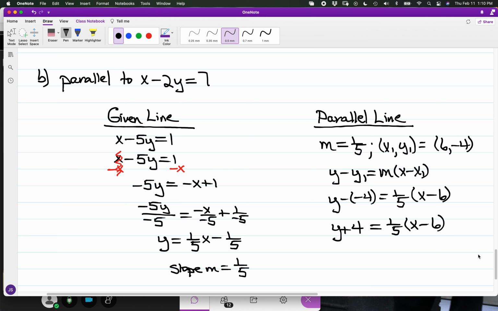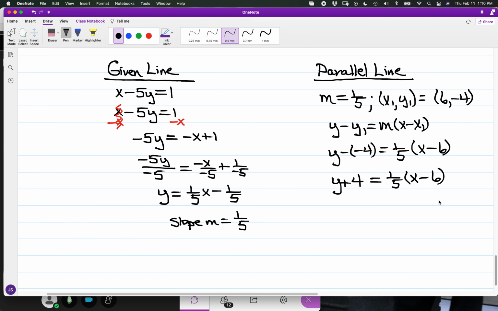So this stage will be the point-slope equation. Now for the slope-intercept, if I go ahead and distribute, we got y plus 4 is equal to 1/5 of x, and we've got 1/5 times -6, so this will be minus 6/5.